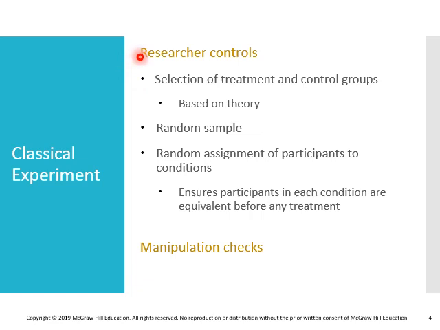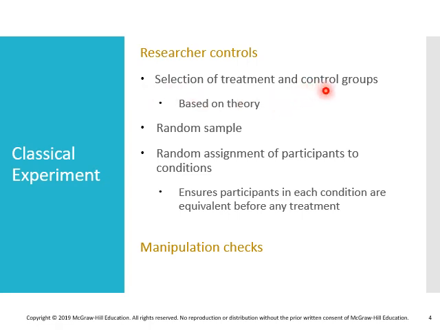So researchers have a lot of control in classical experimental design. We get to select the treatment and control groups. We alluded to that earlier, but what are treatment and control groups? It's easier to talk about the control group first, then we talk about the treatment.